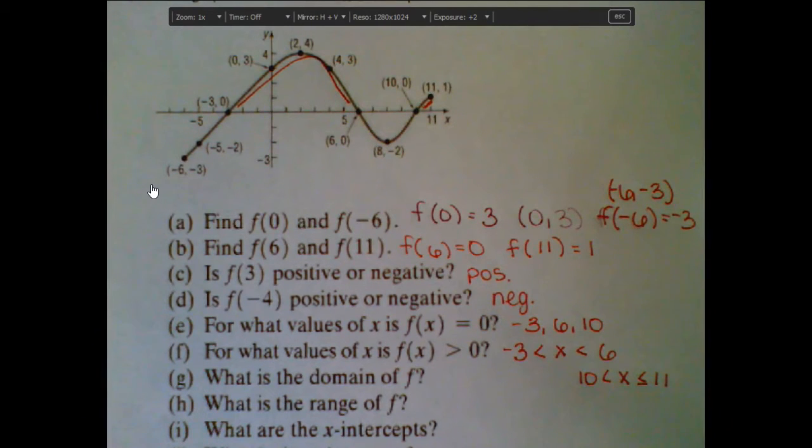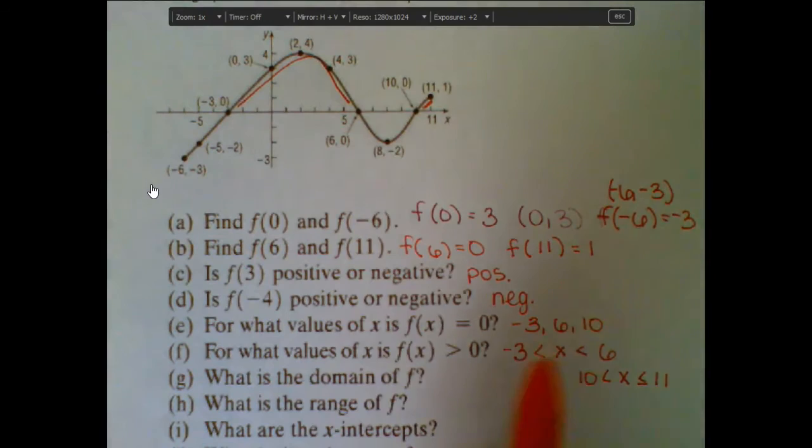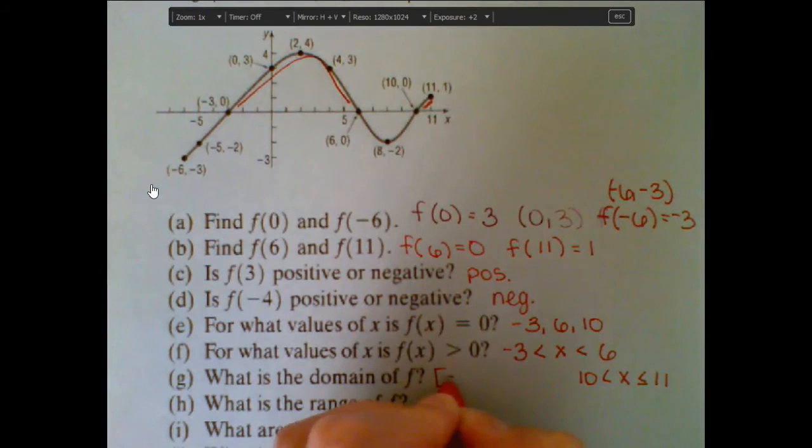D, what is the domain? These are our x values, we're going from negative 6 to 11. So I have negative 6 to 11.